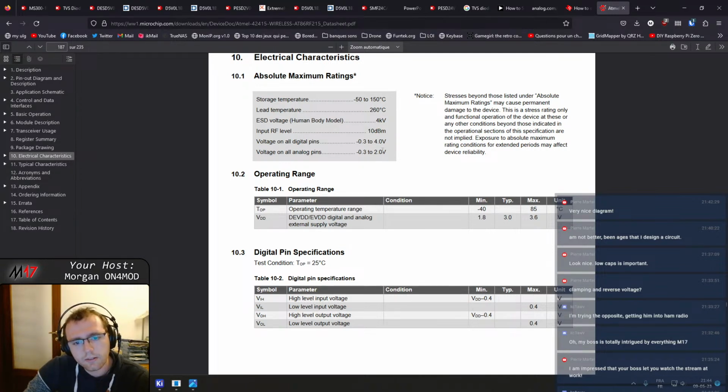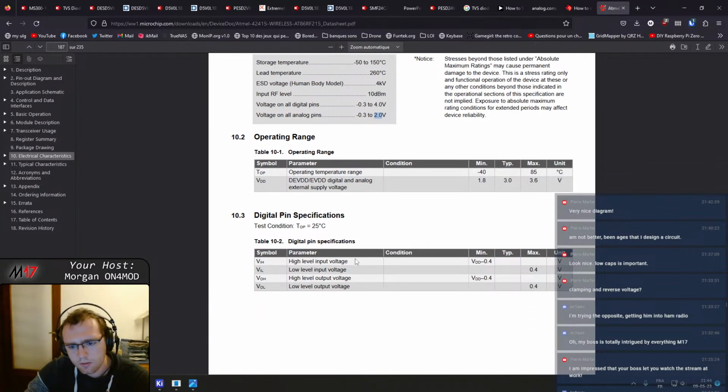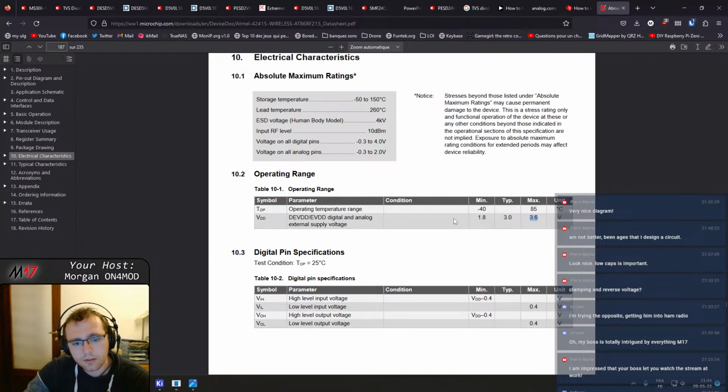It surely is not 2 volts, I guess. Analog pins. Well, is it? So VDD can go to 3.6. In our case, it's gonna be 3.3.